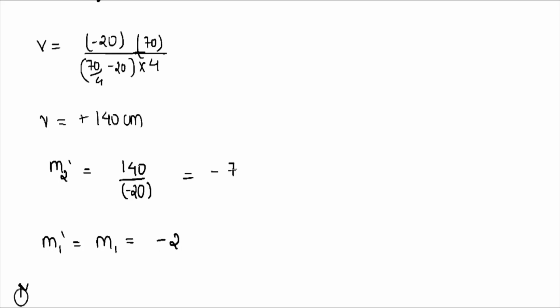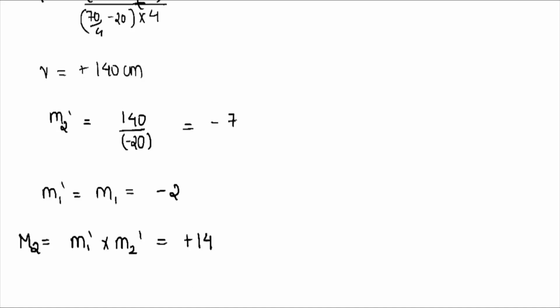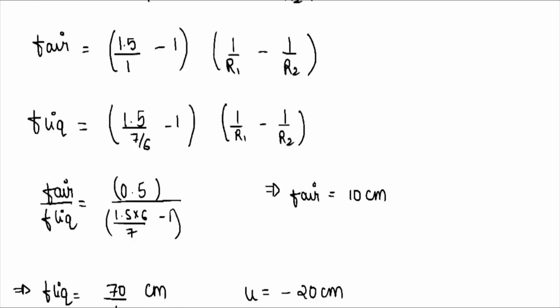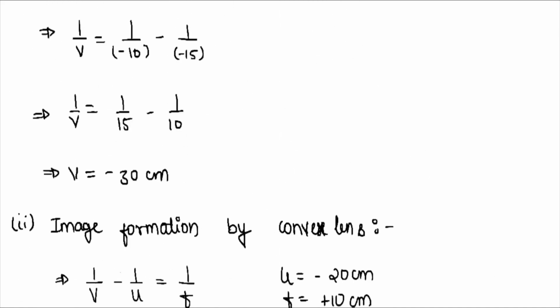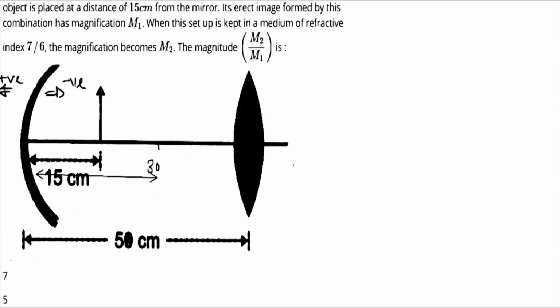So our M, which is equal to M1 dash into M2 dash, will be plus 14. Now our ratio of M to the earlier magnification will be 14 divided by 2. Our earlier magnification is 2, let me check it once again. Yeah, it is 2. So its value will be 7, and this is our answer. This question is a bit lengthy, but it's easy, I mean its concept is easy. So our correct answer is A.